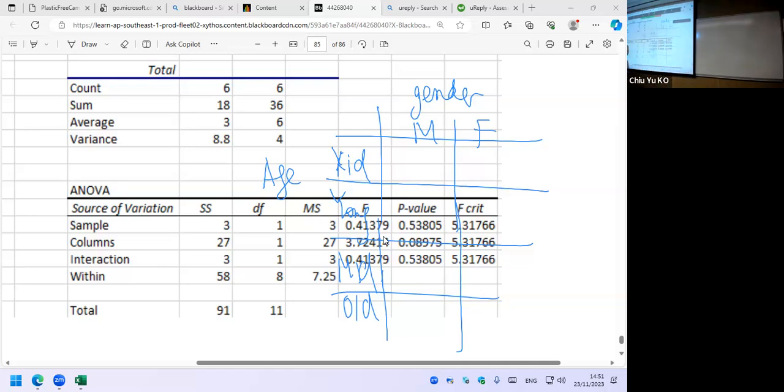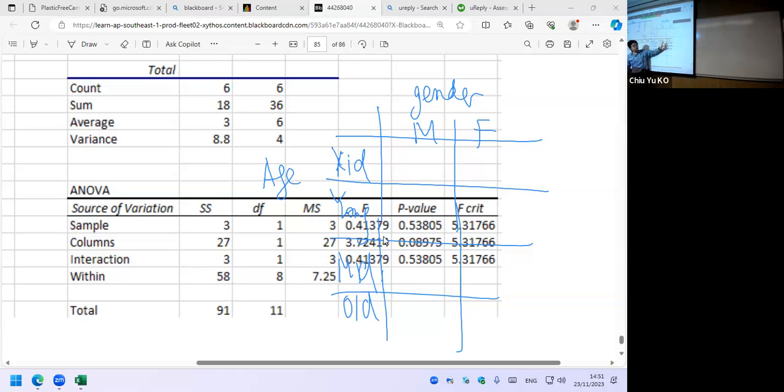And what is interaction? Maybe it's not about men and women, but a particular old man spends more, a particular young woman spends more, or the kid spends less.